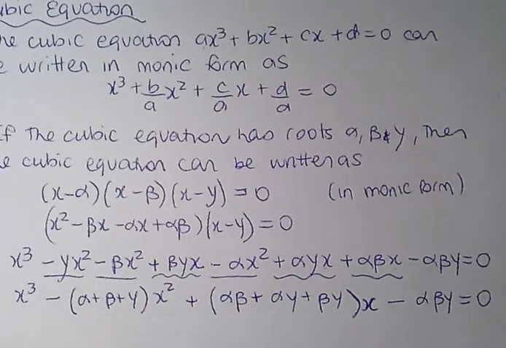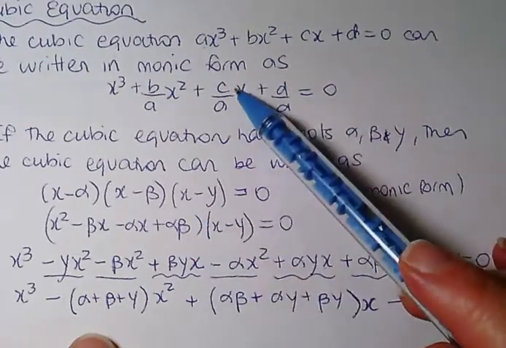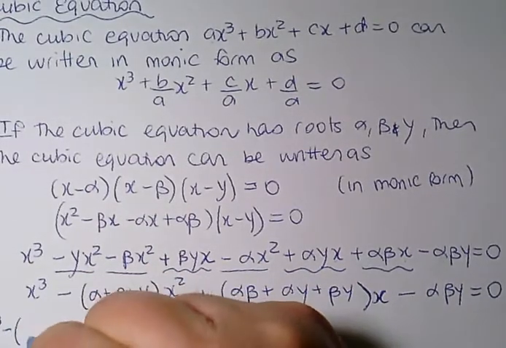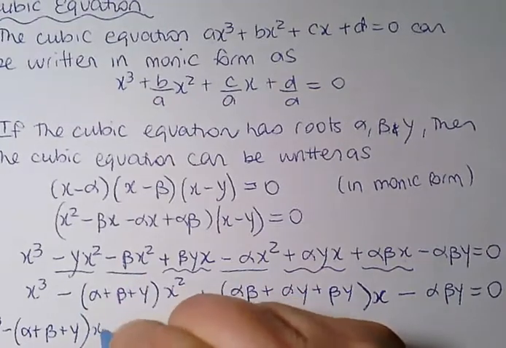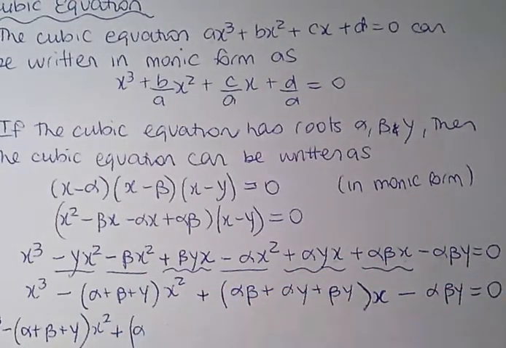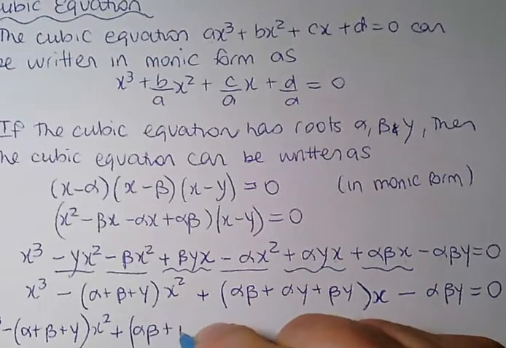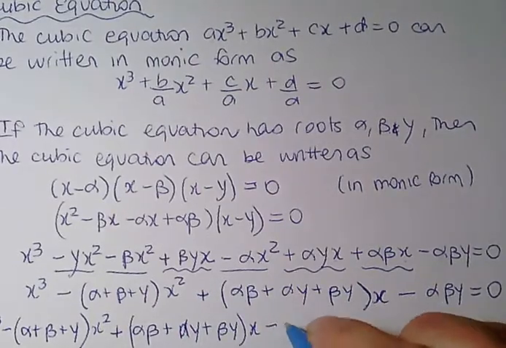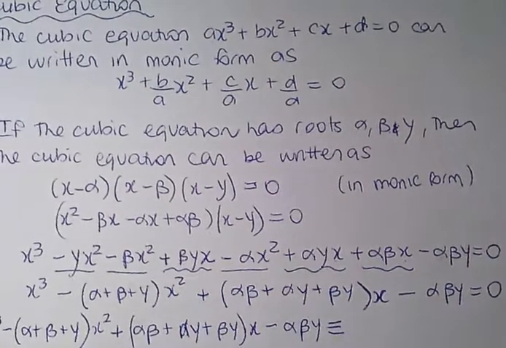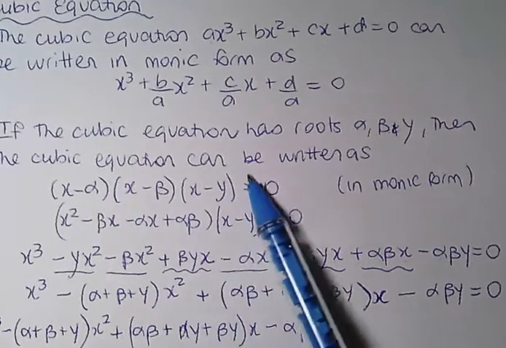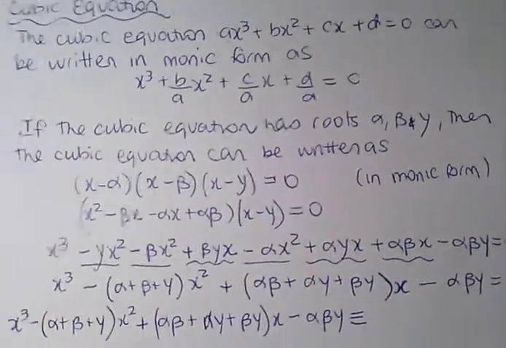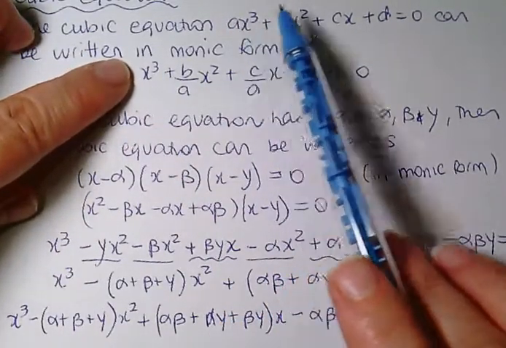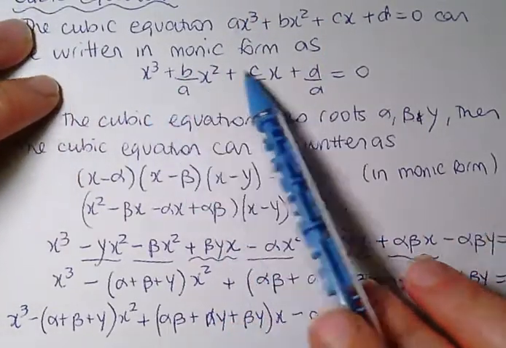Now, we can compare these two forms of the equation. So now, saying that x cubed minus alpha plus beta plus gamma x squared plus alpha beta plus alpha gamma plus beta gamma times x minus alpha beta gamma, that is equivalent to, because this is the expansion of the factorized form of the polynomial, and this is just the normal cubic equation divided through in monic form, which was divided through by a.